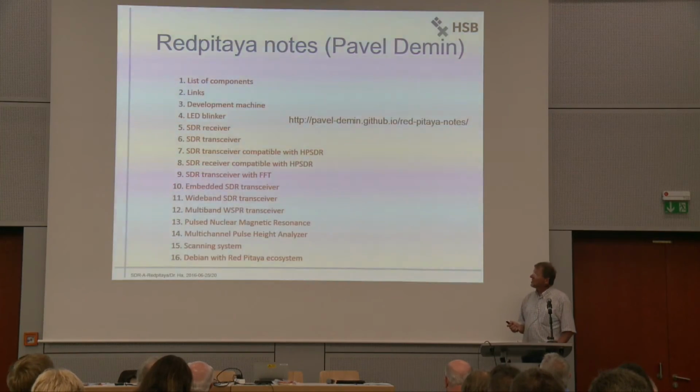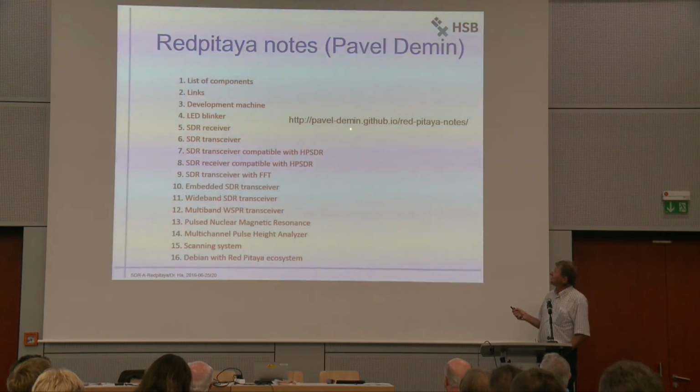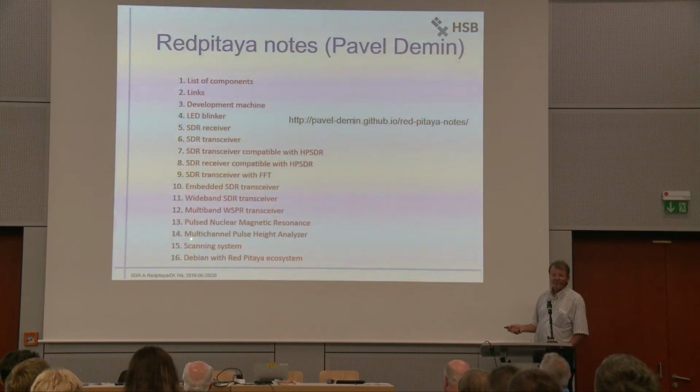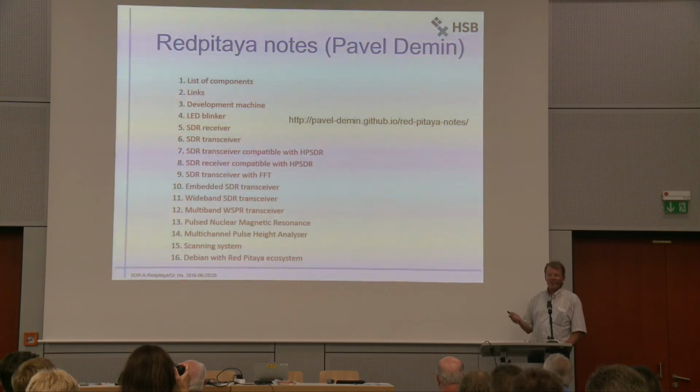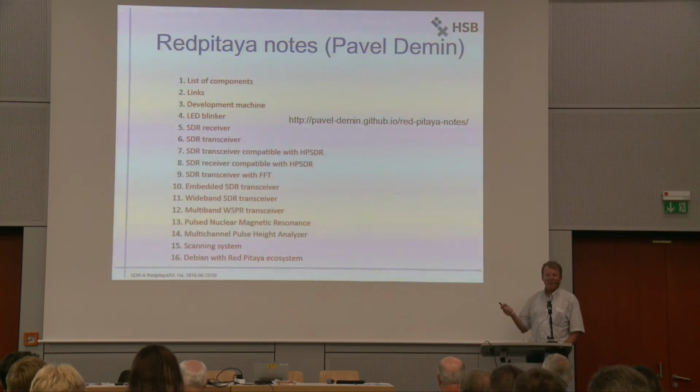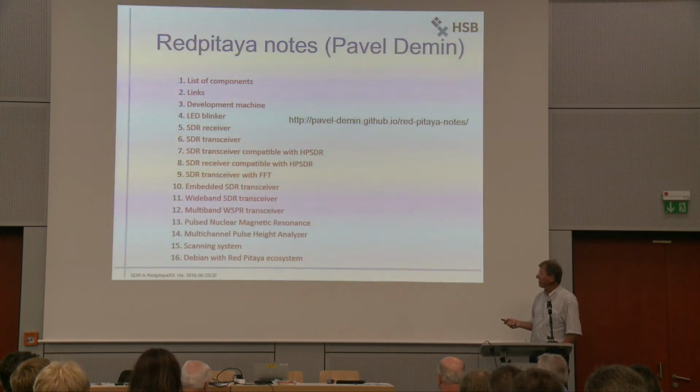I should give the link to Pavel Demin's GitHub page. You find a lot of flashcards, which you can download, put in, and you have a starting system. There's nothing to do other than to make a flashcard, put it in, parameterize, and then it's working.